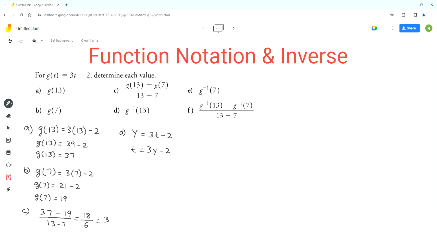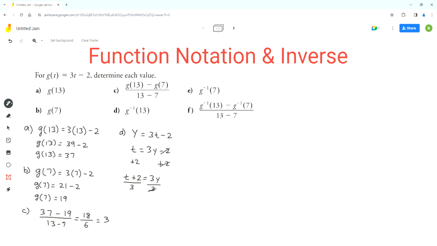And now we can solve for this new y. So we have to isolate the y. First we'll add 2 to both sides. As a result, the 2's on the right side will cancel each other out. So we get t plus 2 equals 3y. Now we can isolate y by dividing both sides by 3.